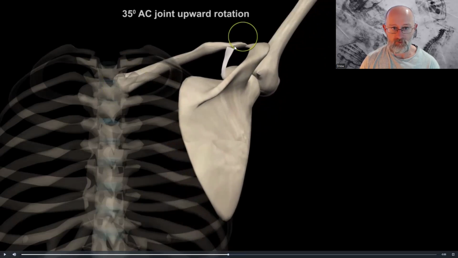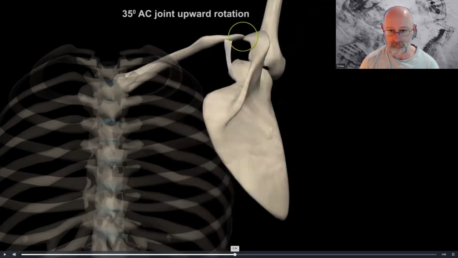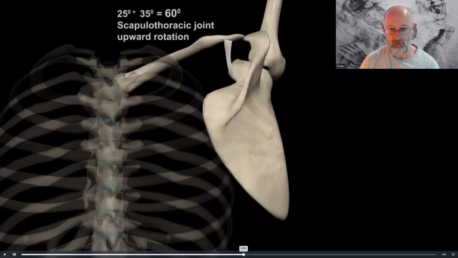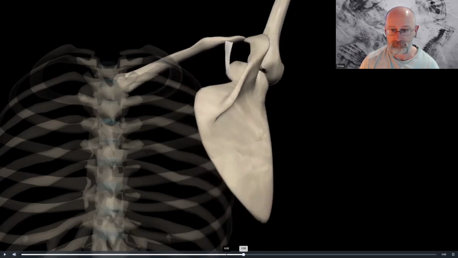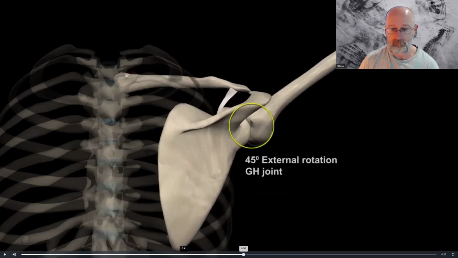And so we get 35 degrees of the acromioclavicular joint upward rotation to there. So that's a big change. The 25 plus 35 equals 60 degrees scapulothoracic joint rotation. So you get an extra 60 degrees of rotation from the scapulothoracic joint, just from moving your shoulder blade. Okay, so that extra 60 degrees from here.